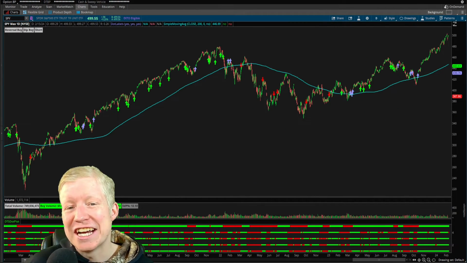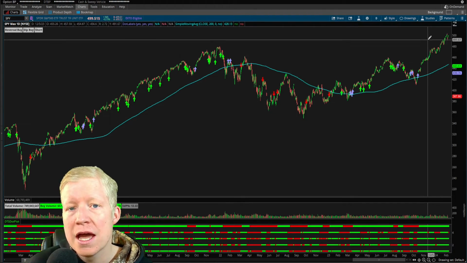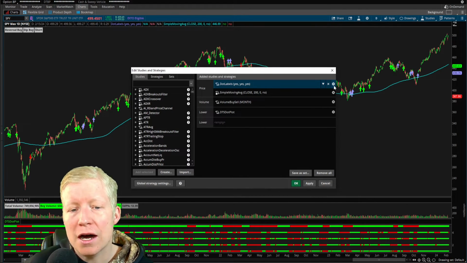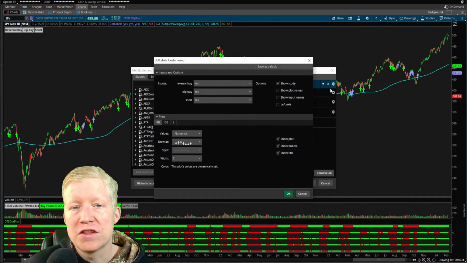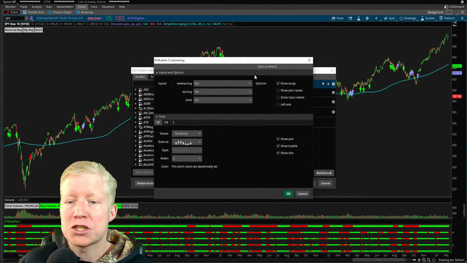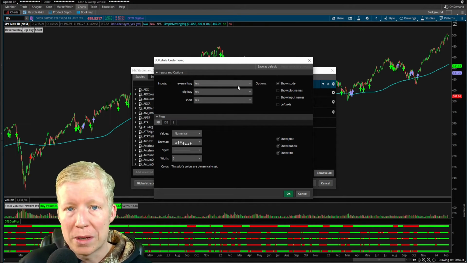Next day, Trey here. I just realized that I forgot to showcase one more very cool thing about this custom study. Once you download it, you can come into the cog of the study itself, and you can decide what you want to see very easily from here. Say you're not so worried about the reversal buy labels or arrows, the purple ones.